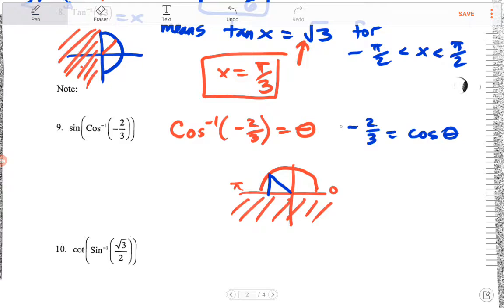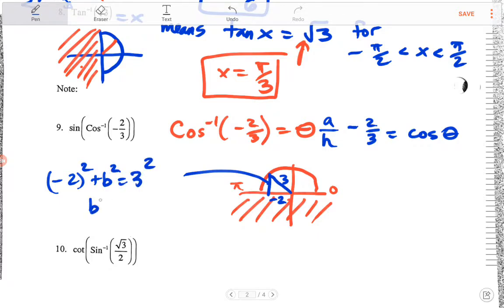Cosine is the same thing as adjacent over hypotenuse, so negative 2 is going to represent our base of the triangle, and the 3 is going to represent our hypotenuse. By using the Pythagorean theorem, we'll be able to find that missing side. So negative 2 squared plus b squared is equal to 3 squared. So b squared is equal to 9 minus 4, and so b is going to equal the square root of 5.